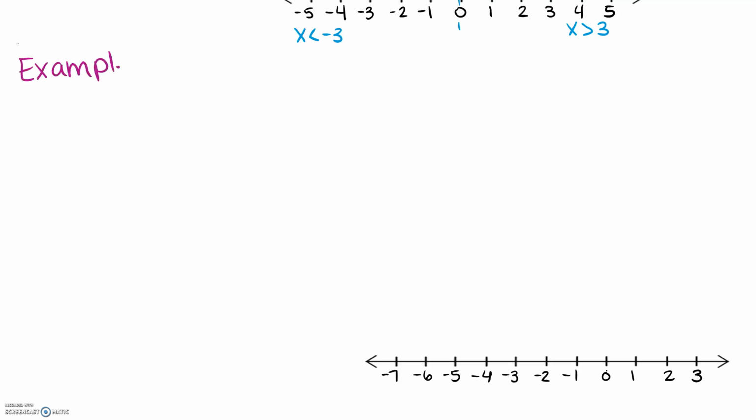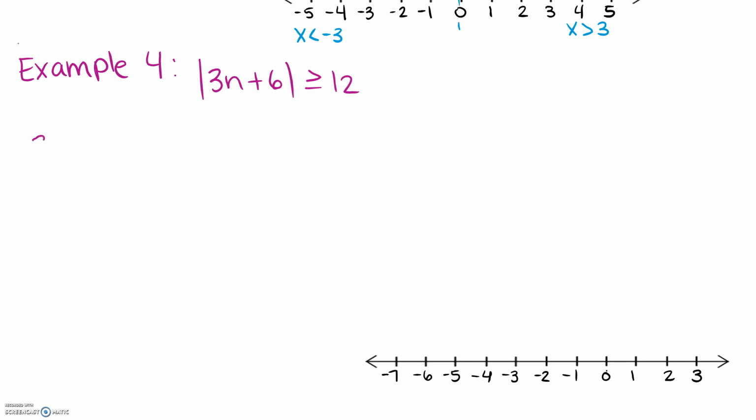In example 4, we have the absolute value of 3n plus 6 is greater than or equal to 12. So just like we did before, we're going to have two possible choices for our answer.